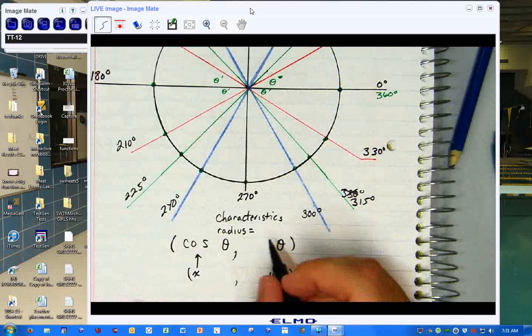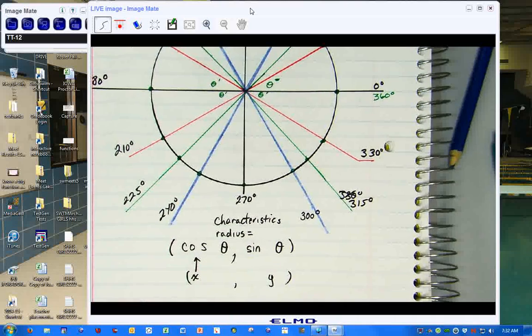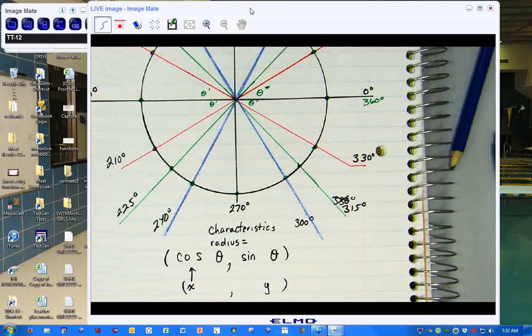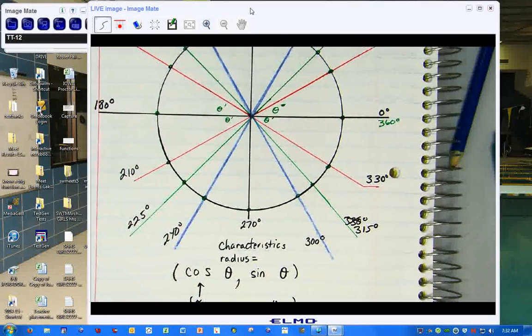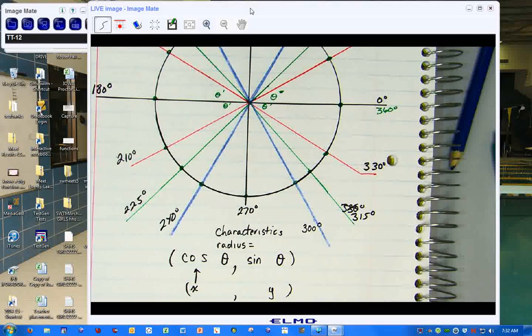What's the y? The sine of theta. Alright, so every point that we put on here is going to be in the form cosine theta, sine theta. So it's actually going to be those values that we already talked about, those special angle values.